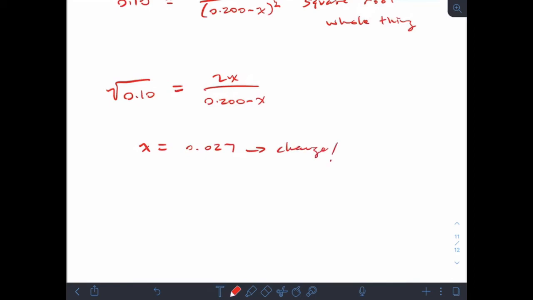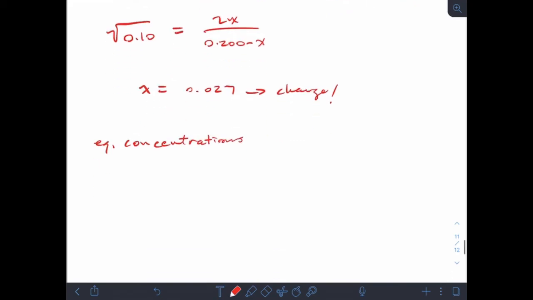That is not the final answer, all right? So the equilibrium concentrations: for N2, we have 0.2 minus 0.027, so my equilibrium concentration is 0.173 molar.